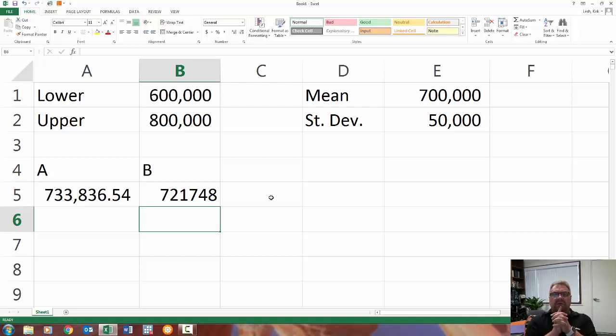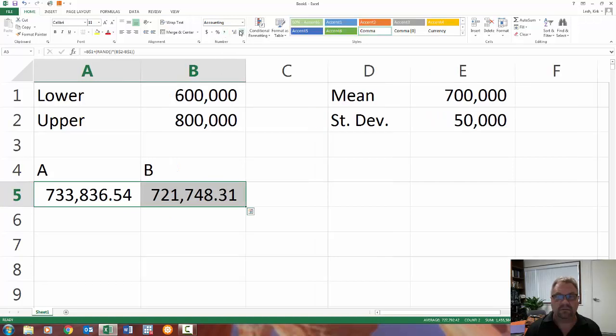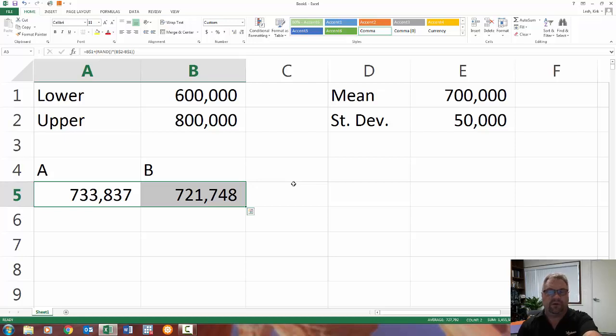So here's what I want you to see. Let me comma format both of these. What you need to do is, you've got this contractor A and B, and they're both going to be submitting bids.